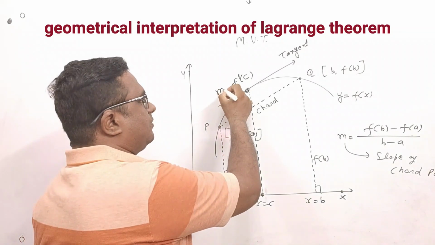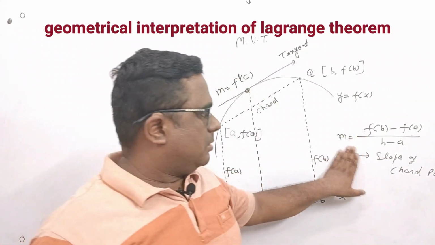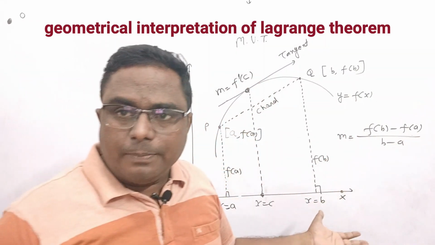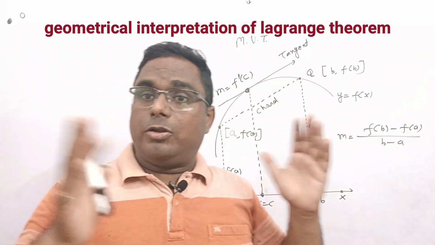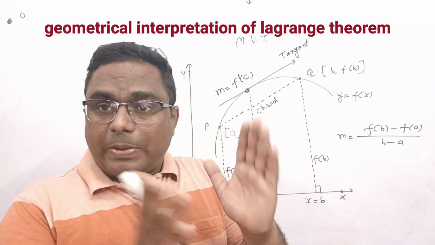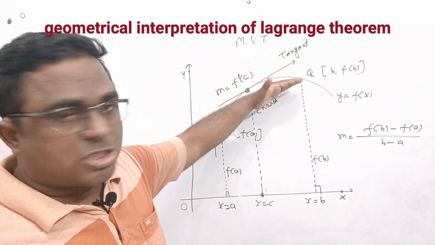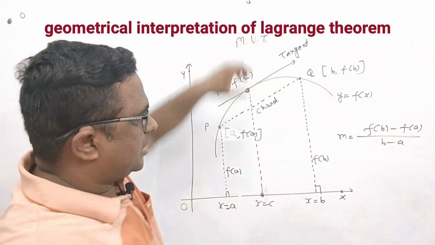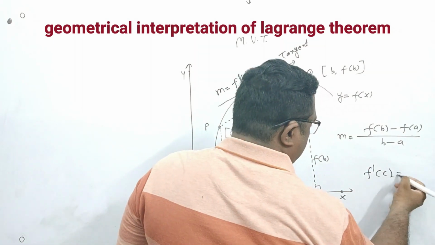Now, the slope of the tangent is f dash c and the slope of this chord is fb minus fa upon b minus a, as I told you earlier. And since this tangent is parallel to the chord, and I told you today that when two lines are parallel, their slopes are equal, the slope of this tangent will be equal to the slope of this chord. The slope of the tangent is f dash c and the slope of the chord is this much.